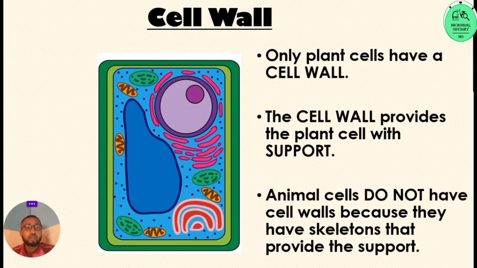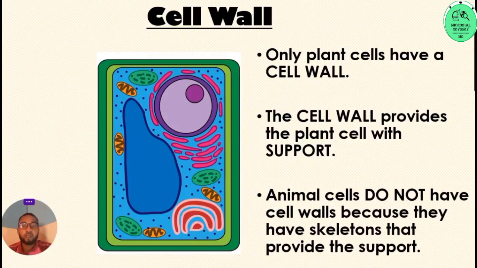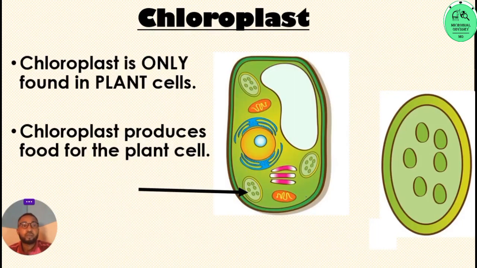However, in animals, support is made possible by the presence of skeletons. Plants don't have skeletons, while animals do. The structural support in plants is made possible by the presence of cellulose, while animals have the skeleton as their structural support.